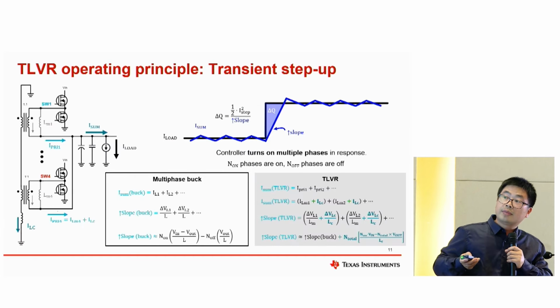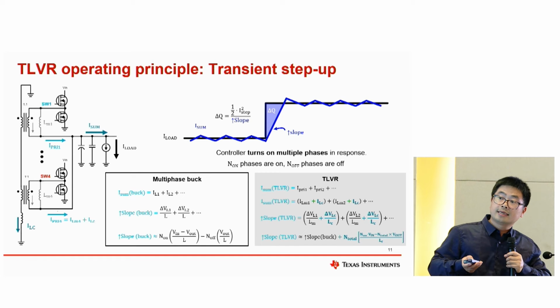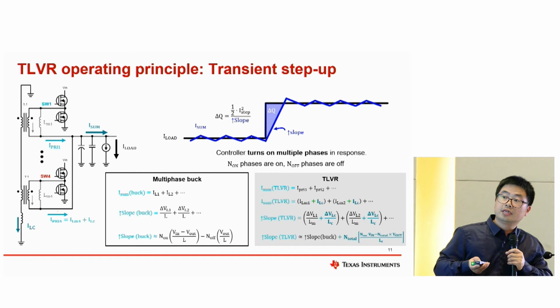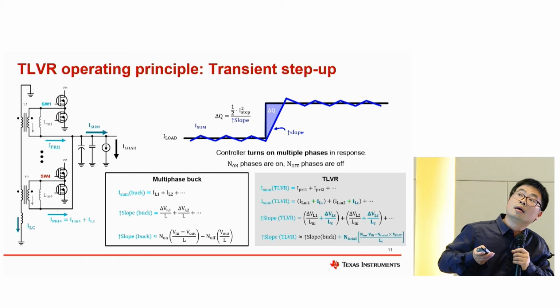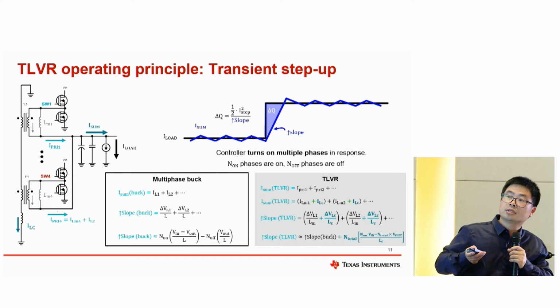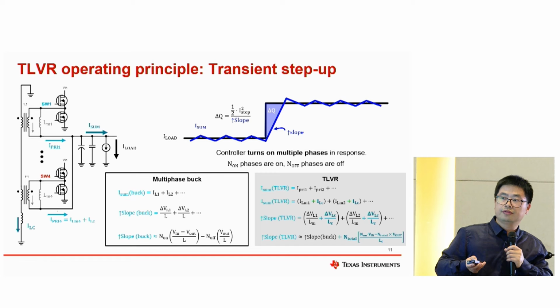So for the multiphase buck, we can say that this loop is equal to the sum of each phase's magnetizing current.